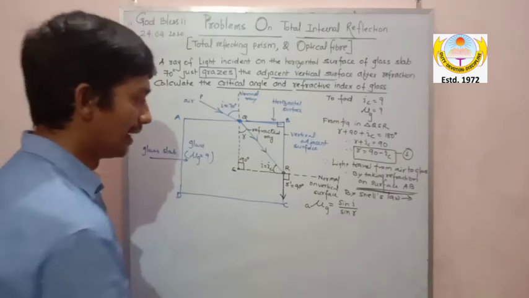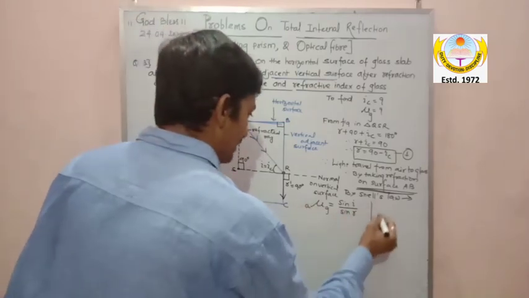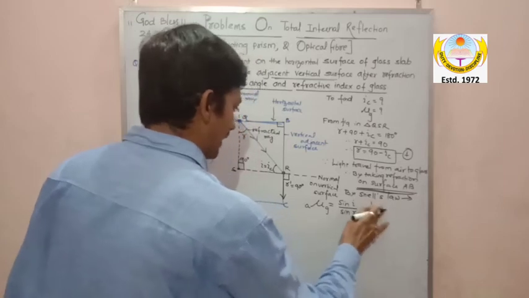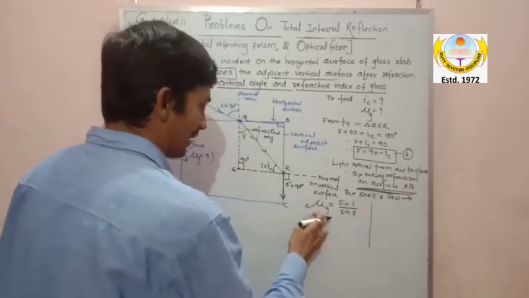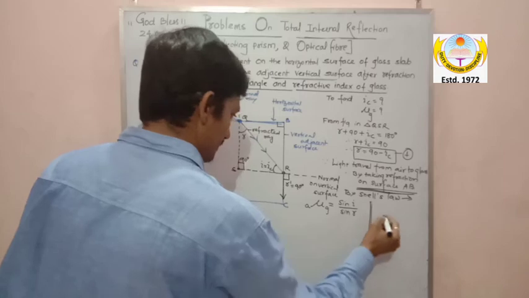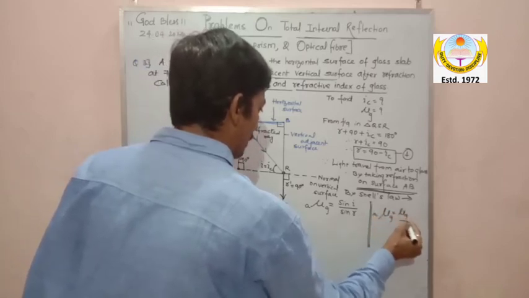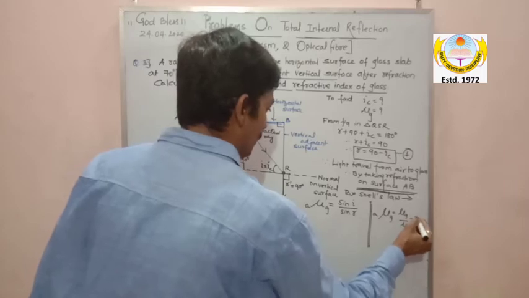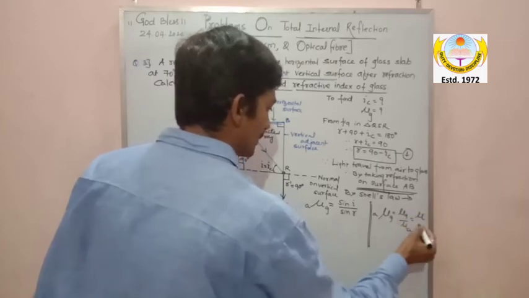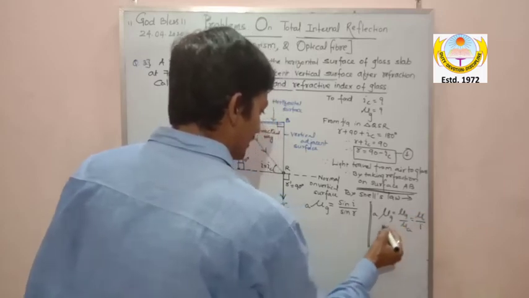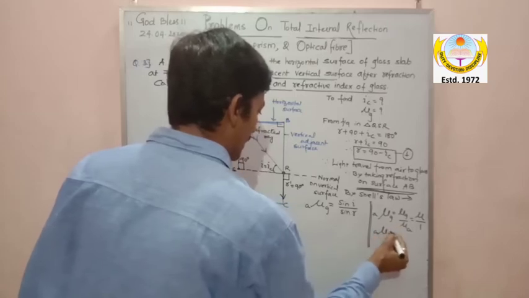And my dear, this can be written as mu of glass with respect to air is mu of glass upon mu of air. Let mu of glass be taken as mu and mu of air is 1. So mu of glass with respect to air is mu.